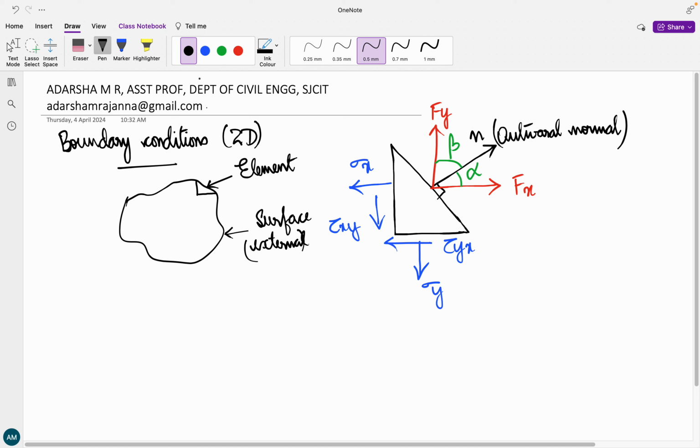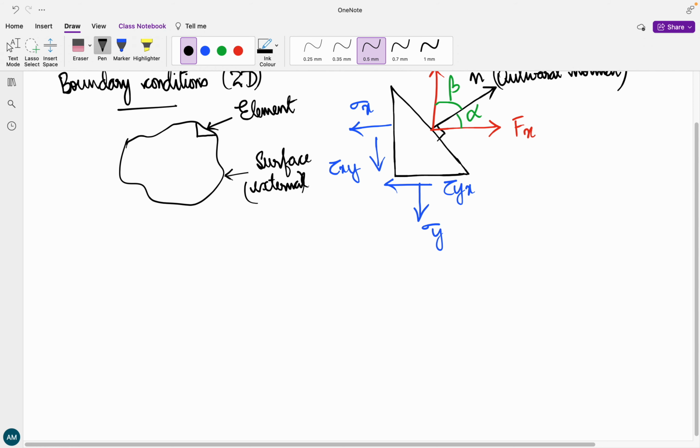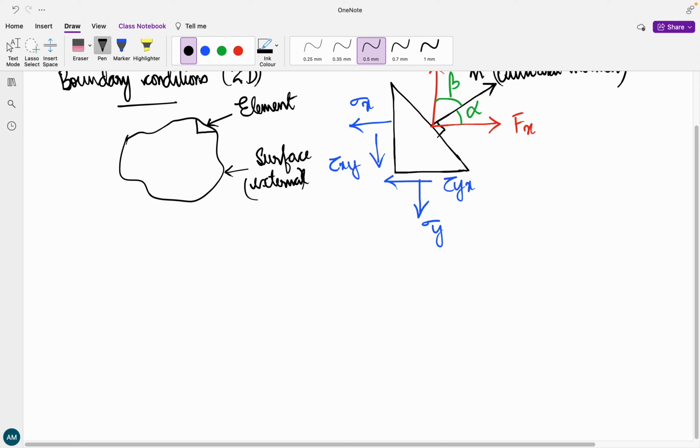For the surface elements, differential equations will not be developed. Hence, algebraic equations of equilibrium have to be used. Now, Fx and Fy are the components of the external forces on the boundary surface.